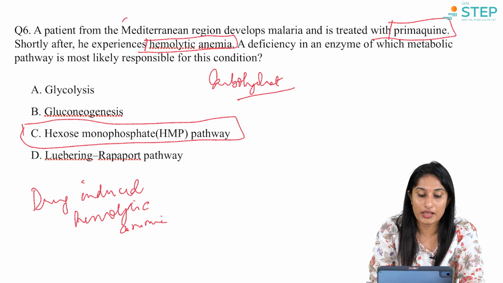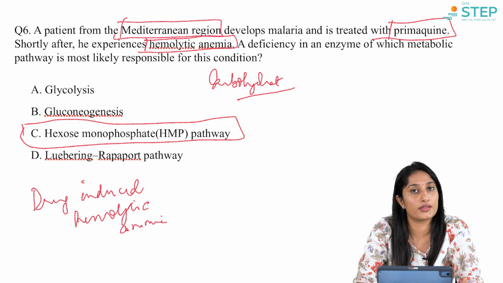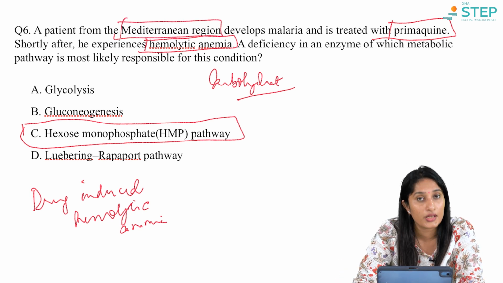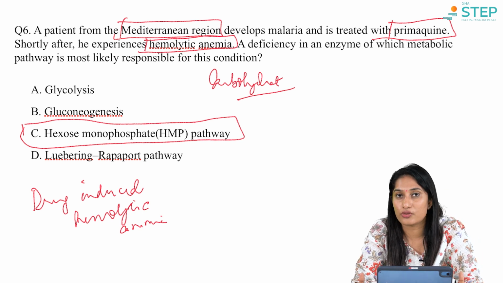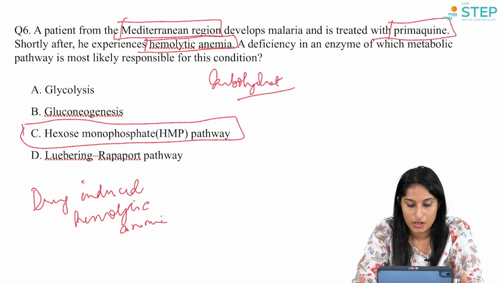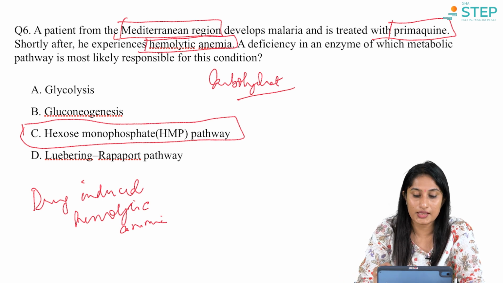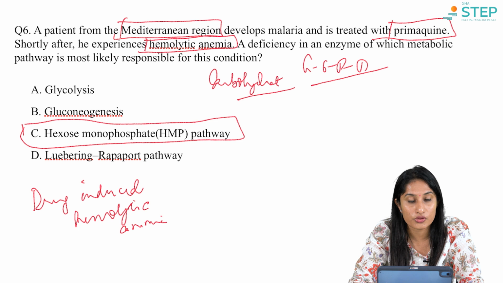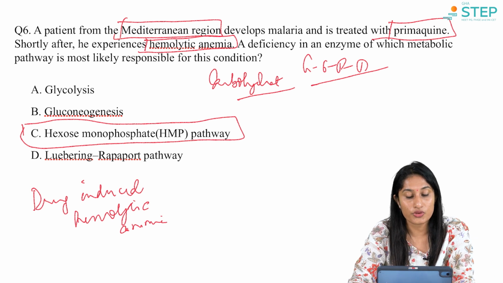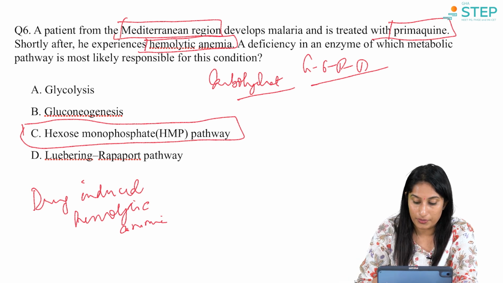Now, they have given a region, very common in this region, Mediterranean region. Yes, the individuals from that particular region have this kind of enzyme deficiency. So, what is the enzyme deficiency? It is G6PD. And which pathway does it belong to? It belongs to the hexose monophosphate pathway.